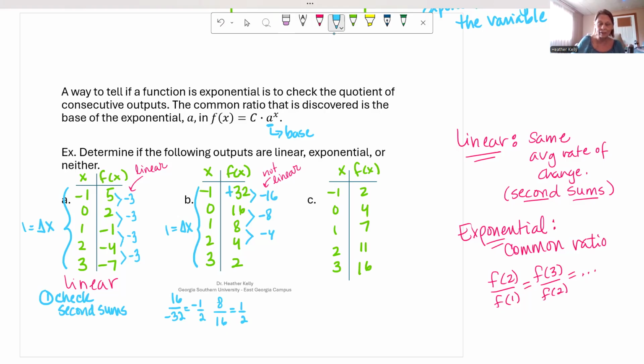All right, sorry. I just noticed that there. And so that should be positive. So we'll fix all that. And then you can even check here, 4 divided by 8 is equal to 1/2. So we can state very clearly that the common ratio is equal to 1/2, and therefore this is exponential.